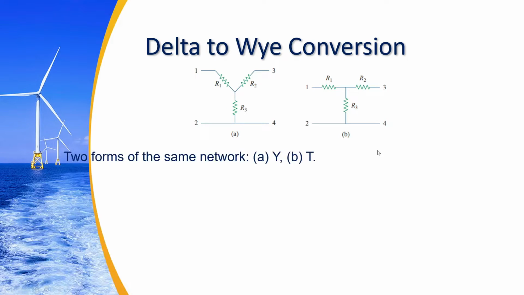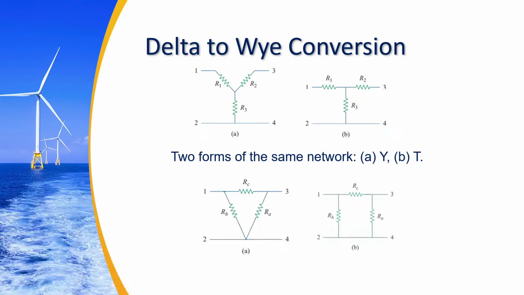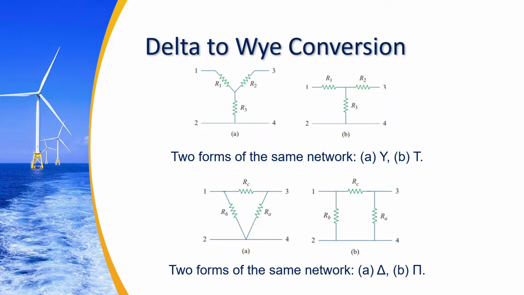Okay, so two forms of the same network, Y and T. So pagdating naman sa delta, sa figure A, itsurang delta siya, and sa figure B, itsurang pi. Okay, kaya two forms of the same network, delta and pi. So, makikita natin dito na pares lang to, itong Y saka T, and then itong delta saka pi.